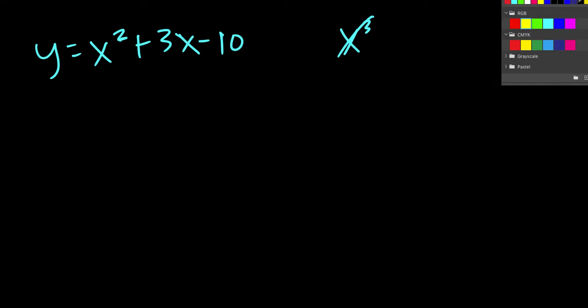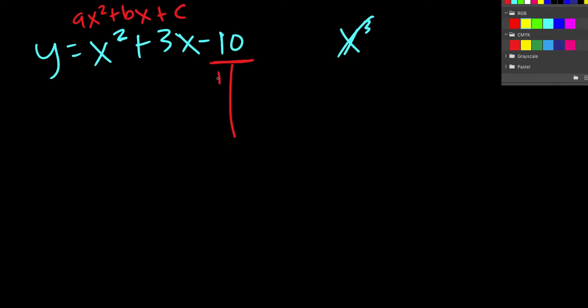So what you do, we recognize that this is quadratic, and it's in the form ax squared plus bx plus c. And so what we're going to do first is take the c term and draw a t under it. So in this case it's the -10, which is in the place of the c. And we're going to be pretty systematic about how we write the factors of 10.